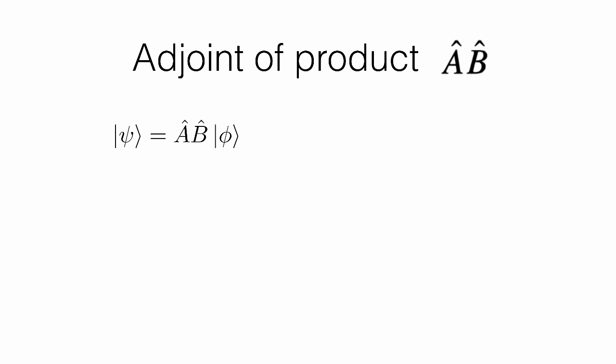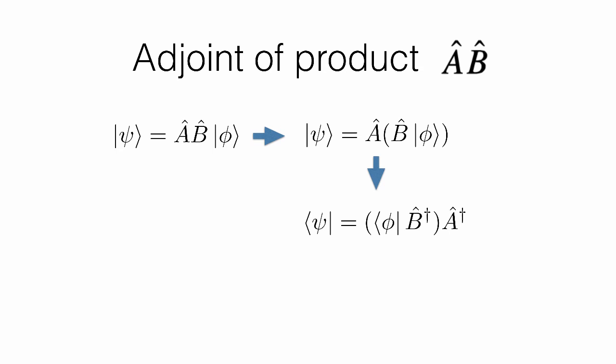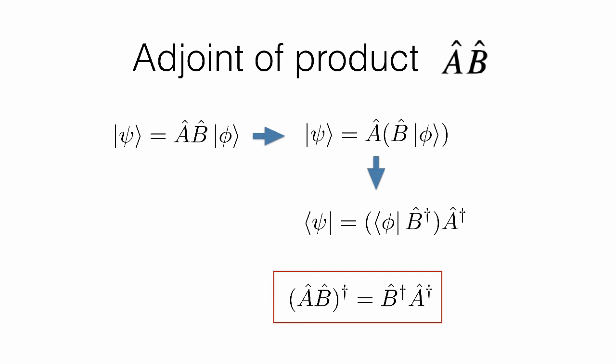Same thing for the adjoint of a product. What are the matrix elements of an adjoint of a product? Well, we can certainly write it this way. We just put the parentheses in the right place. We know that the adjoint is going to be obtained by that formula. But at the same time, by applying what we need to apply, (AB) dagger will be equal to B dagger A dagger, right?